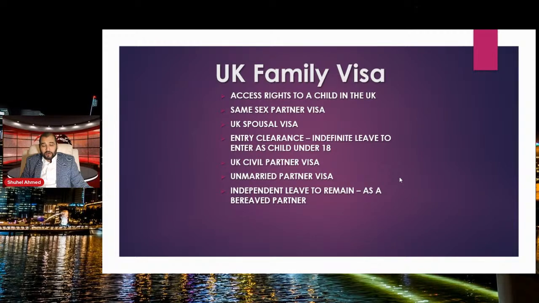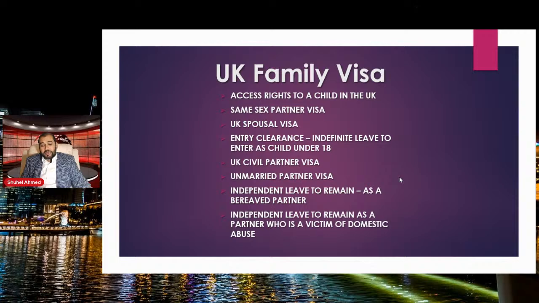And then finally, indefinite leave to remain as a partner. If someone gets entry clearance on a spouse visa, and unfortunately for any reason the spouse passes away, they can apply for indefinite leave to remain on the basis that their spouse has passed away.